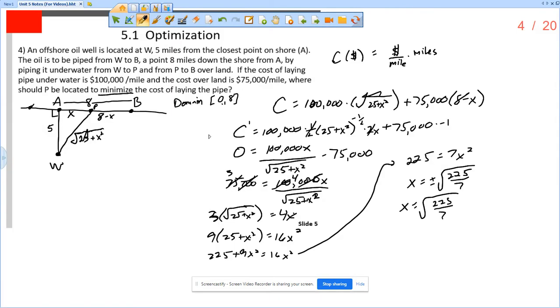All right, so now I'm going to evaluate the cost of 0, the cost of the square root of 225 sevenths, and then the cost of x being 8. I'm going to calculate this one first, the square root of 225 sevenths. Remember, I'm plugging into the original function.